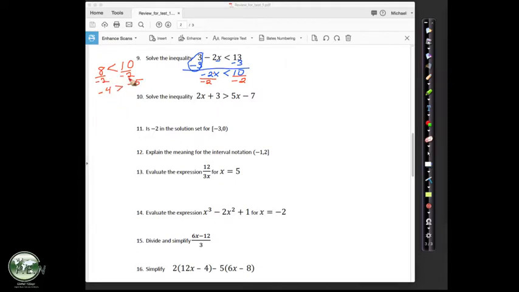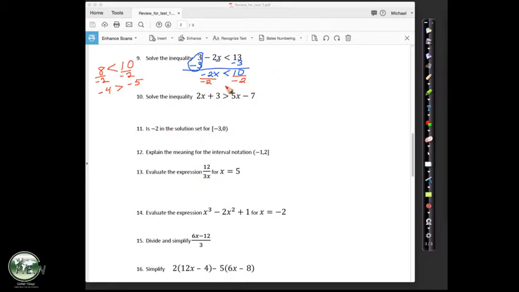If that's what dividing by a negative does over here, what do we have to do over here? We just have to flip the sign. The thing is that because we've got a variable, it doesn't sing to us. Over here, hopefully we noticed it changed the direction. Since we divided by a negative, we need to flip that symbol.